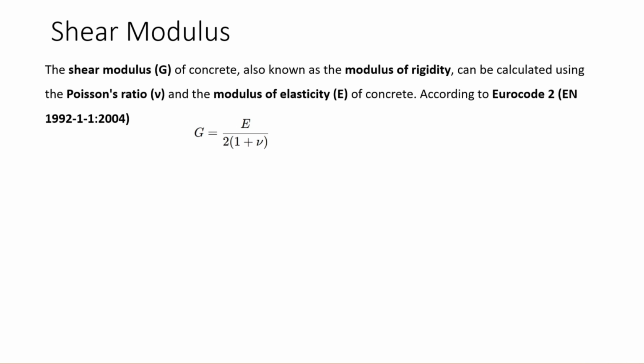Here we see the formula to use when we are finding the shear modulus. So if we have E, the modulus of elasticity, and if we have V, then we can find the shear modulus. So for a Poisson's ratio of 0.2, the shear modulus is approximately 0.42 of the elastic modulus.